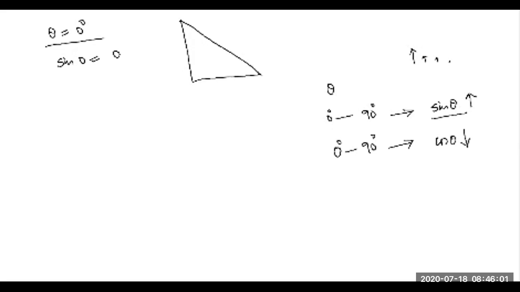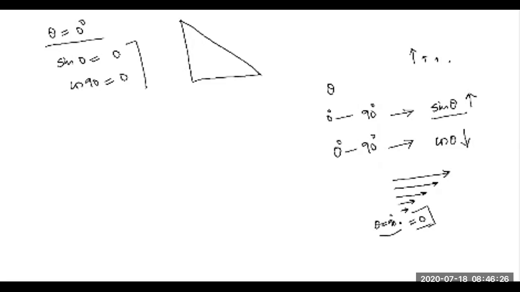Why? Because at 0 degree, this was the base. Theta increases, the base continuously becomes smaller and smaller. And at theta equal to 90 degree, the base or adjacent side becomes 0, making cos 90 equal to 0. So sine 0 is 0 and cos 90 is 0.